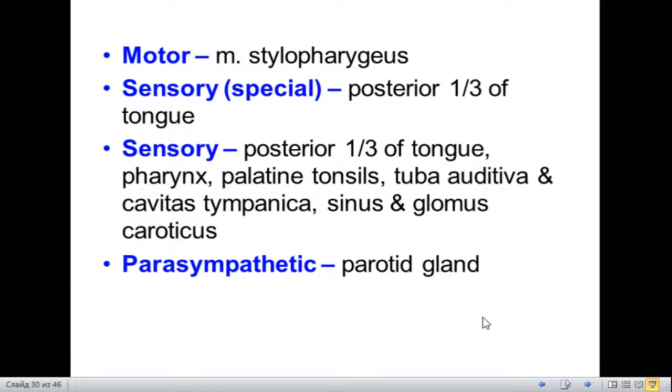Special sense for posterior 1/3 of tongue, and general sense it is for posterior 1/3 of tongue, pharynx, palatine tonsils, eustachian tube, tympanic cavity, and very specific sensation from sinus and glomus caroticus. And parasympathetic fibers supply to parotid gland.